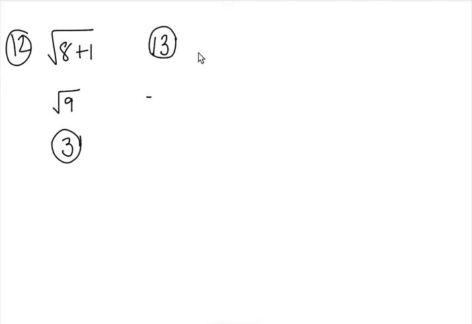Number 13. Square root of 100 over 4. Now, as we saw in the other example, this is the same as having the square root of 100 over the square root of 4. Or your other option, like I just said on 12, we can simplify what's inside first. Sometimes it'll work out, sometimes it won't.